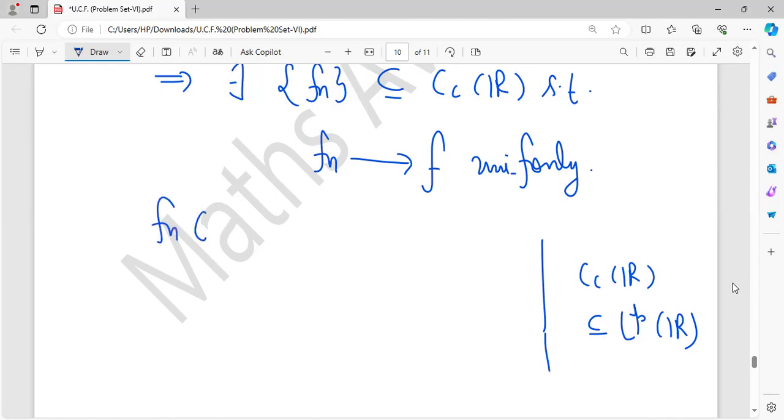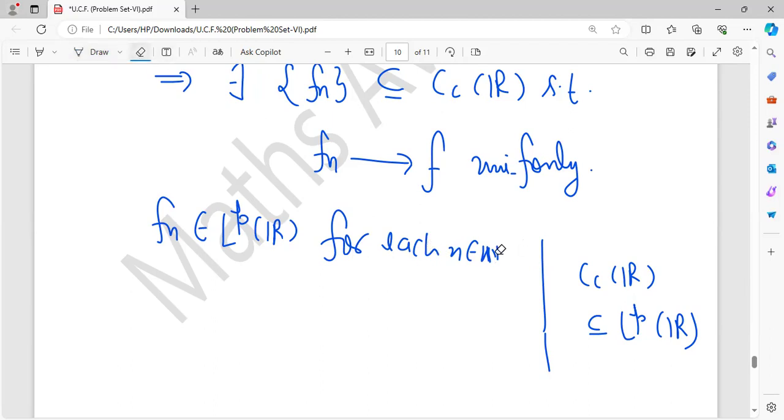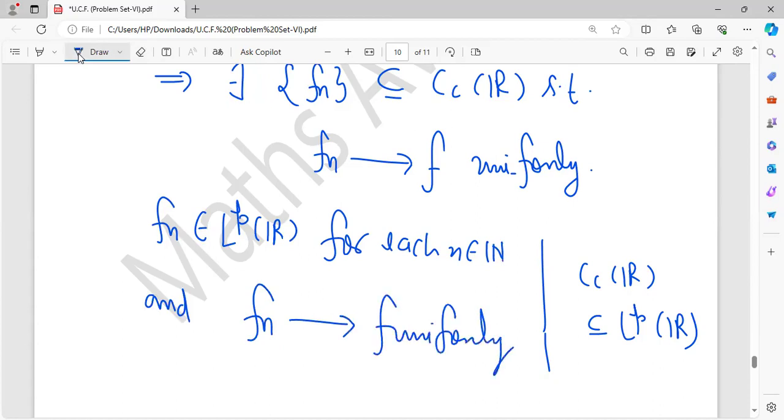So fn belongs to LP(R) for each n belonging to capital N, and fn converges to f uniformly.